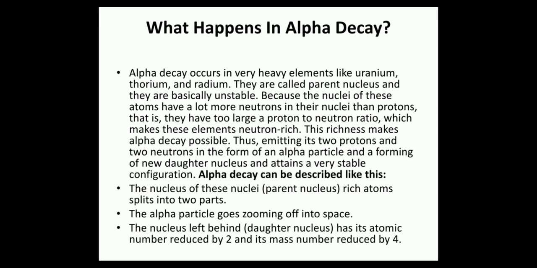Alpha decay can be described like this: the nucleus of these neutron-rich atoms, that is the parent nucleus, splits into 2 parts. The alpha particle goes zooming off into space. The daughter nucleus left behind has its atomic number reduced by 2 and mass number reduced by 4.